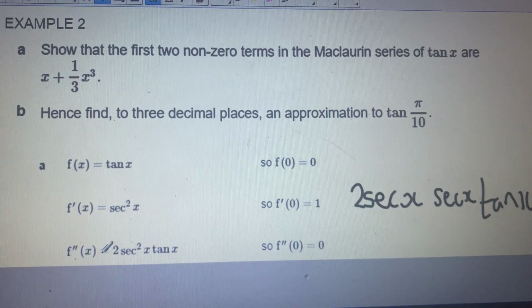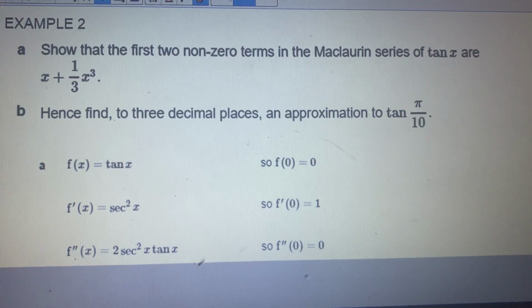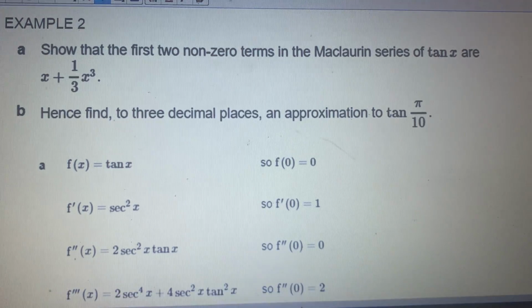So that's going to give you 2 sec squared x tan x. And if you substitute x is 0 into there, the tan of 0 is 0, and that's going to give you f double dashed of 0 being 0.